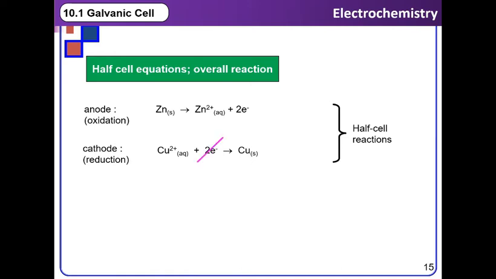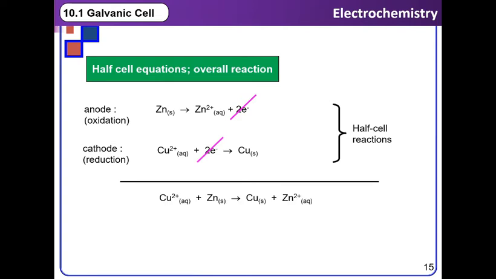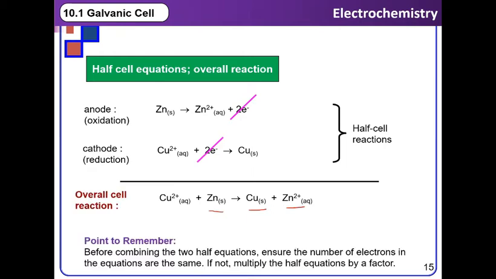Okay, so now kita kena pastikan bahawa jumlah elektron pada anode dan juga cathode mestilah sama. Okay, so bila sama kita boleh cancel. And finally, we can get the overall equation, which is copper 2 plus and zinc solid produce copper solid and zinc 2 plus aqueous.